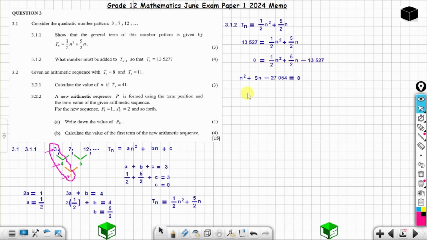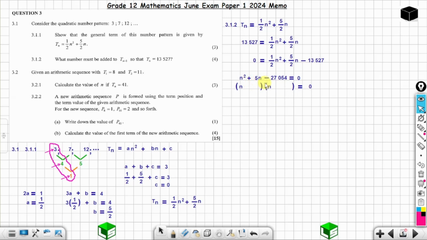Now, you are going to factorize. So you have n squared, you are going to have n times n. You have to get two numbers. When you multiply the two numbers, you are going to have this number, and when you add the two numbers, you are going to get the middle term, which is 5n.